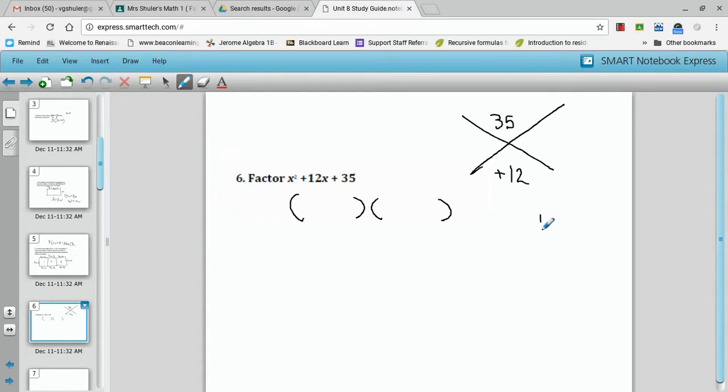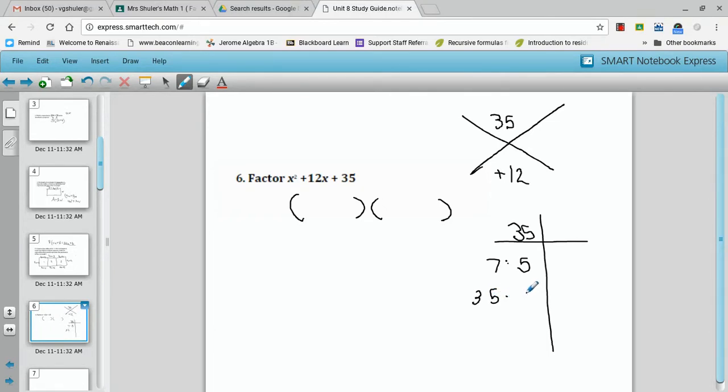So over here, I'm going to write the multiples of 35. Well, we know 1 is 5 times 7, or 7 times 5, however you want to write it. And that's pretty much it. 35 times 1 is a multiple of 35.